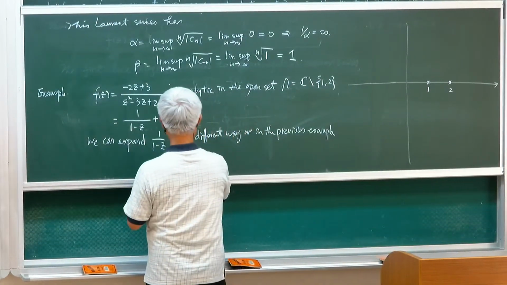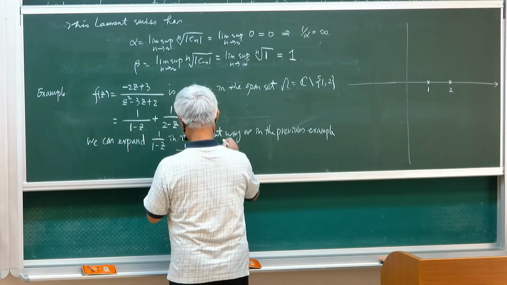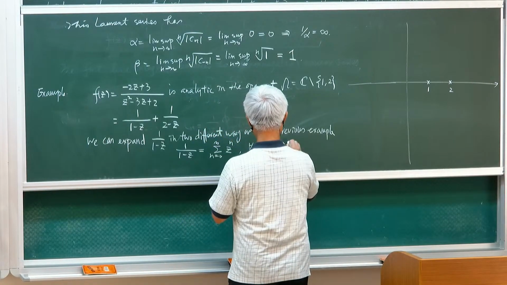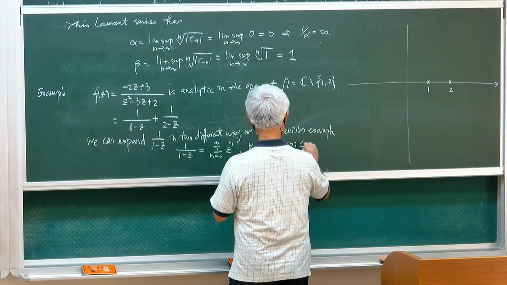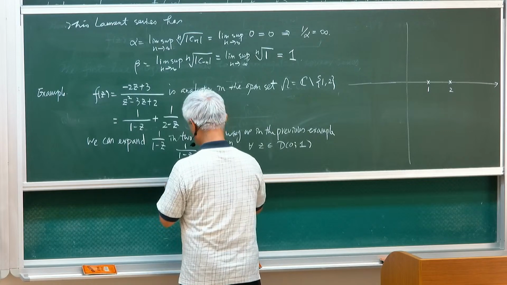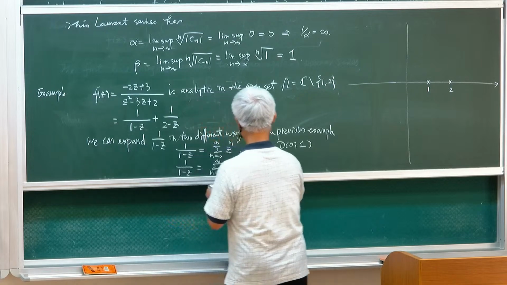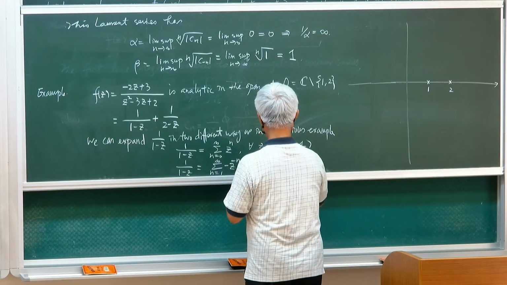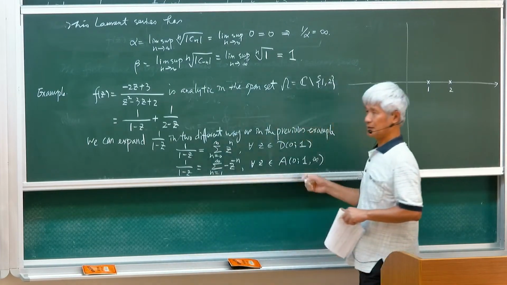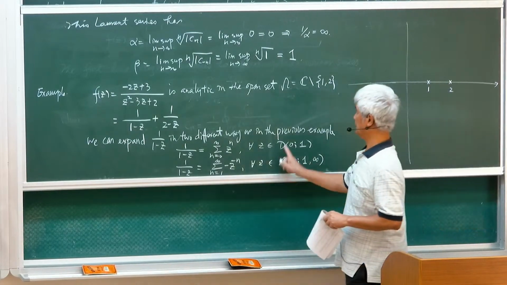So 1 over 1 minus z can have the power series expansion for all z in the open disk, center 0 and radius 1. Or you have the Laurent series expansion, minus the sum of z to the minus n, for all z in the open annulus with center 0, with inner radius 1 and outer radius infinity.